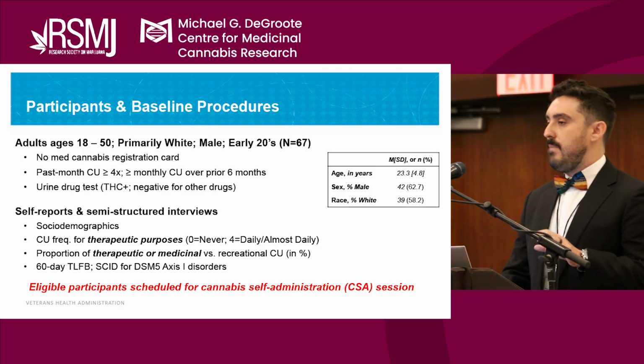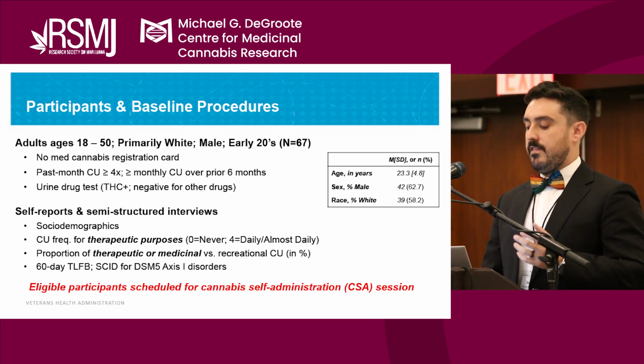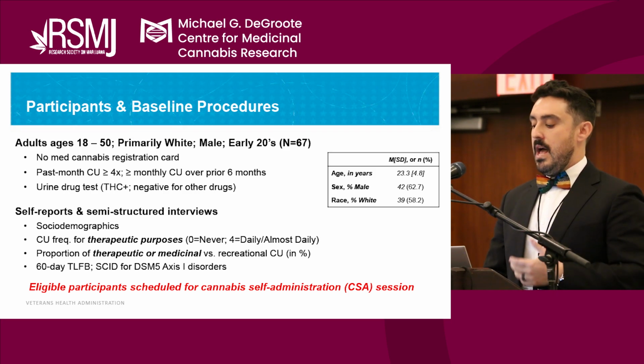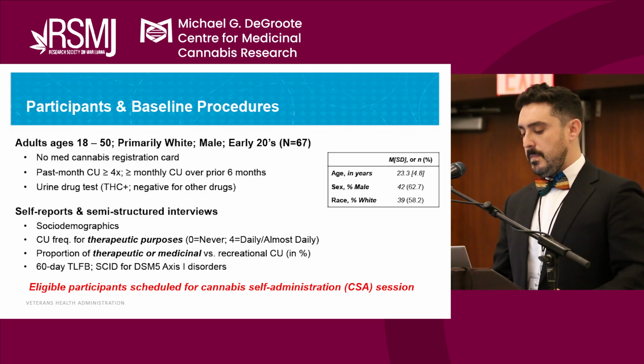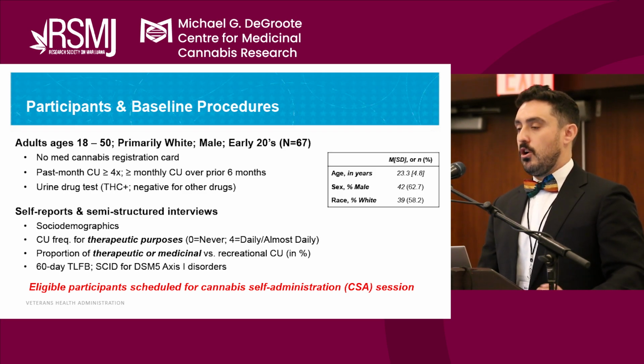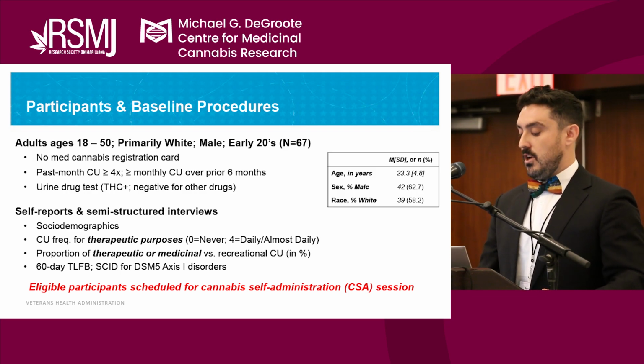And I just want to make clear that for the remainder of the talk, I'm going to be referring to therapeutic or medicinal cannabis use from these two single items as medical cannabis use. Participants also went through various semi-structured interviews, and eligible participants were then scheduled for a cannabis self-administration session.